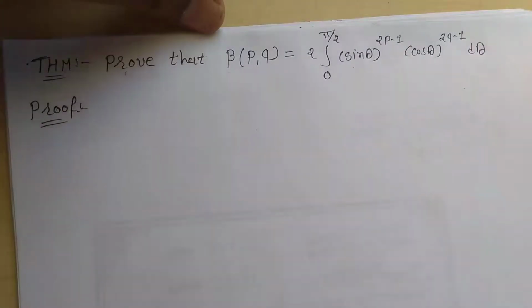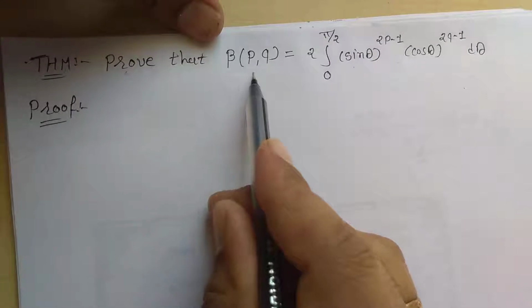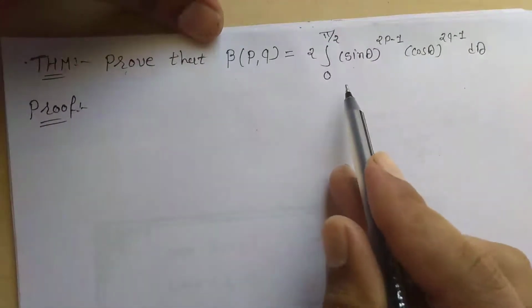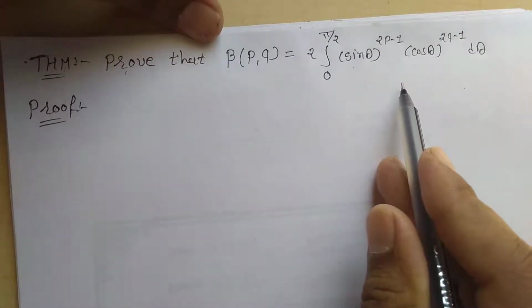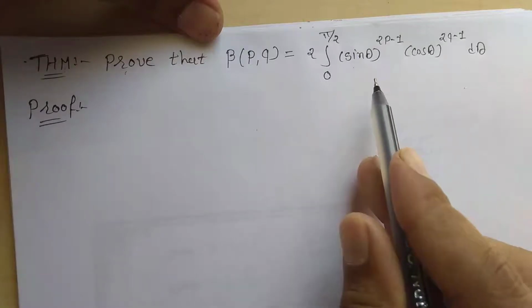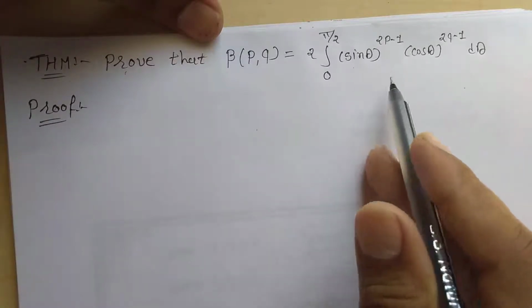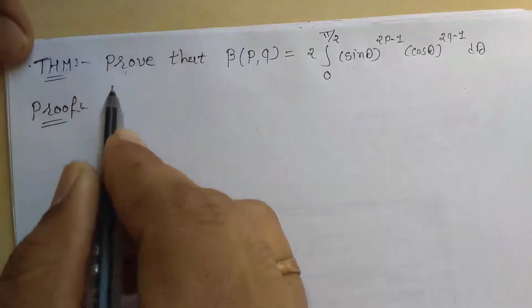On the left hand side is the beta function, and on the right hand side is an integration in trigonometric form.